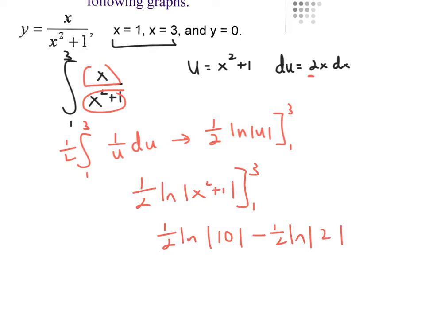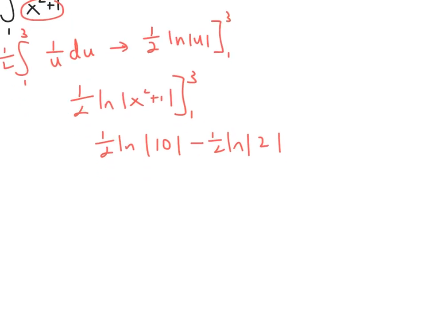Okay, the absolute value of 10 and 2 are both positive anyway, so you can just plug those into your graphing calculator. You don't even need the absolute value anymore, which is super duper. So you end up getting approximately 0.805 for that. All right.